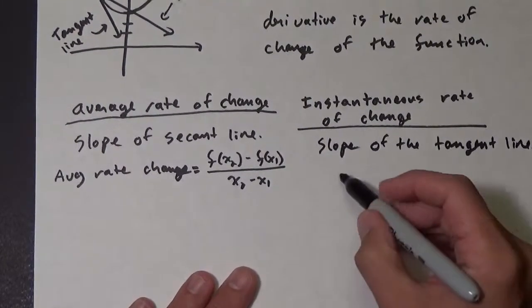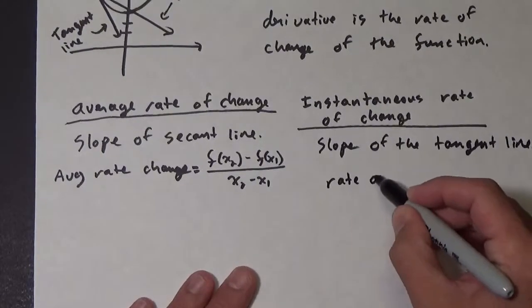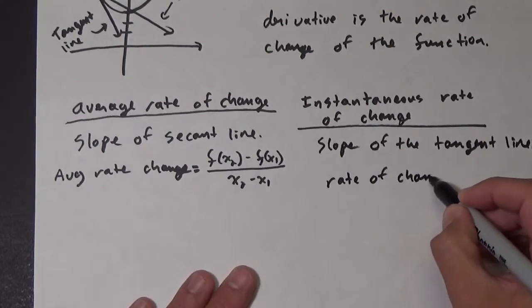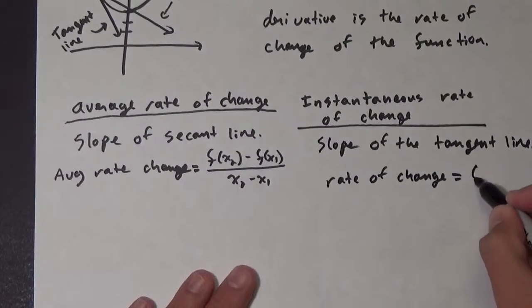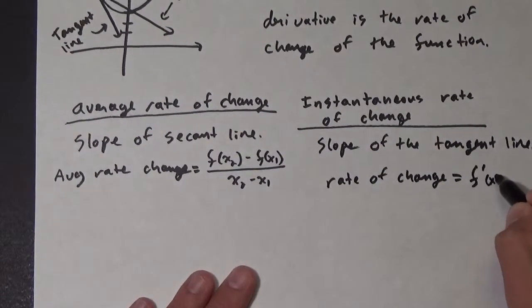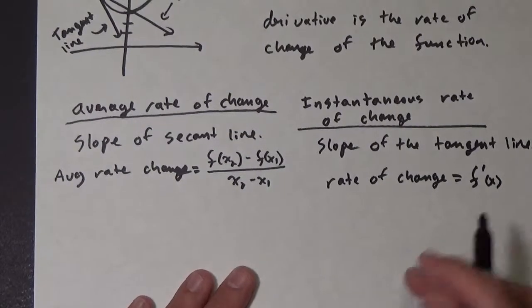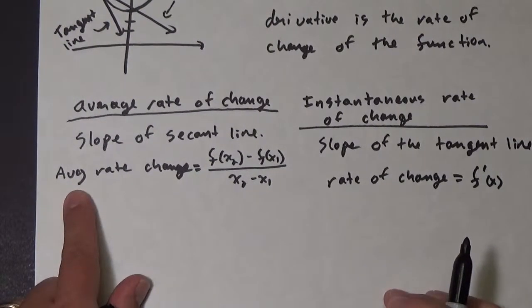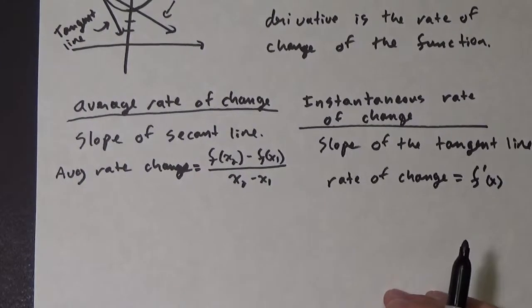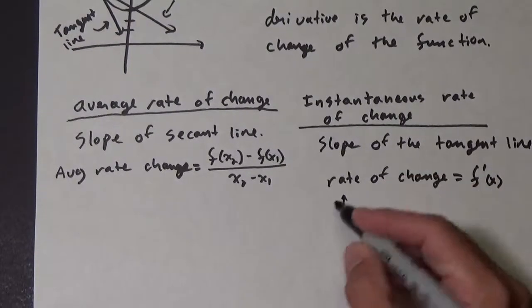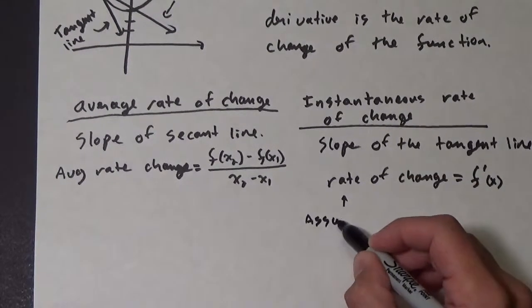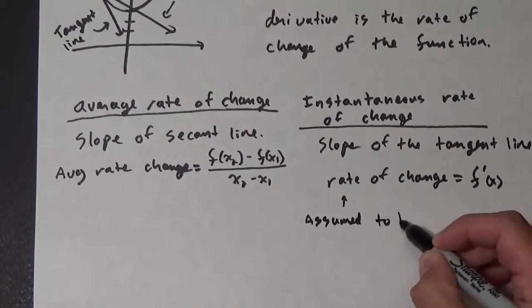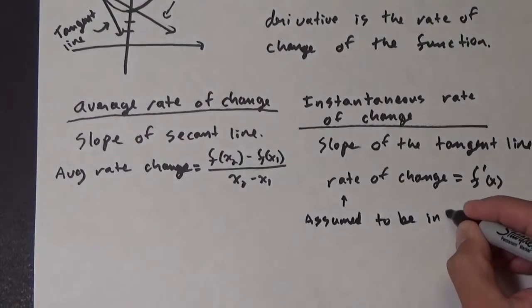And to get that, we say that the rate of change equals f prime of x. Now notice over here we have to write average rate of change. Here we just write rate of change. So if you're ever asked to find the rate of change, it's assumed to be instantaneous.